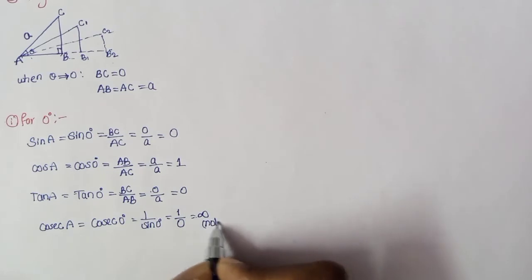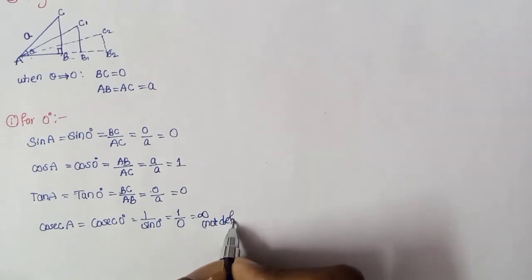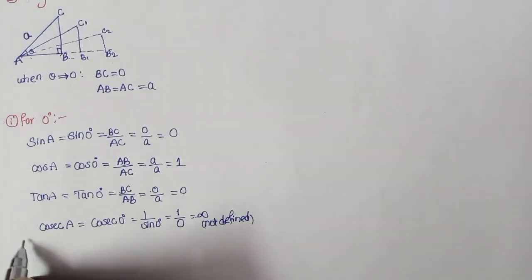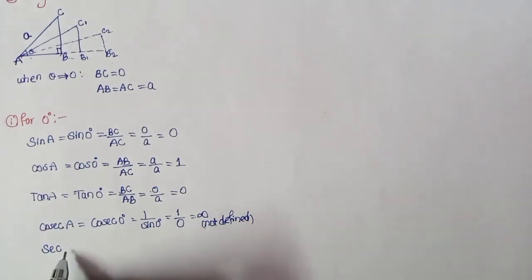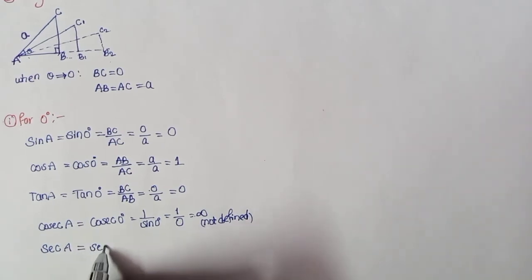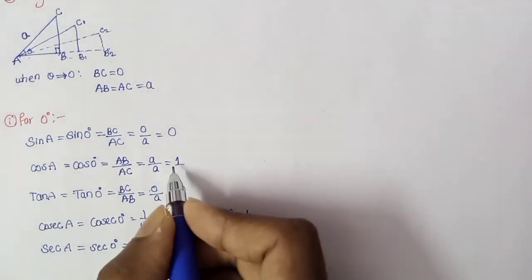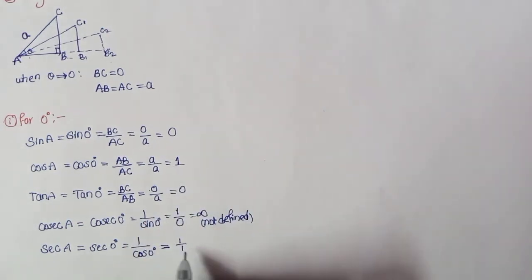That means not defined. Remember this. And next, the reverse of cos is sec. Sec 0 is equal to 1 by cos 0, which is 1 by 1, which is 1.